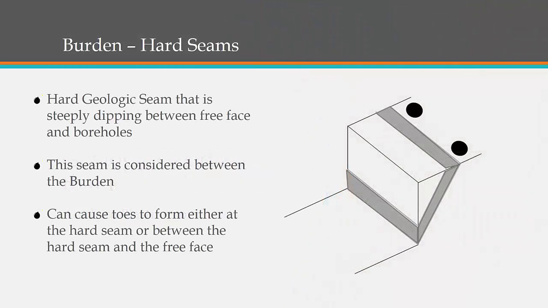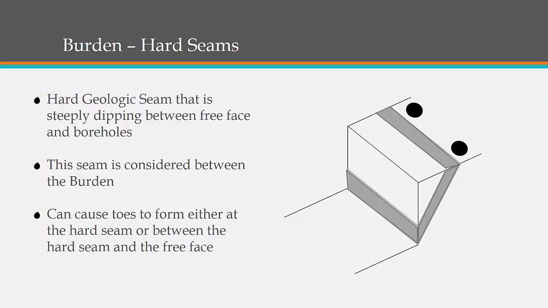The first condition that can lead to this is a hard geologic seam that's steeply dipping between the free face and boreholes. As you can see in this picture, we have a seam that is steeply dipping. It may be vertical, it may be on some type of angle or orientation, and this can be thought of as like an igneous intrusion into the rock formation.